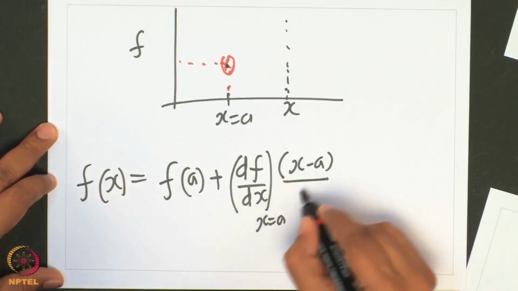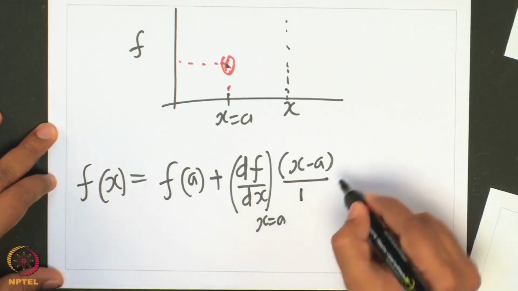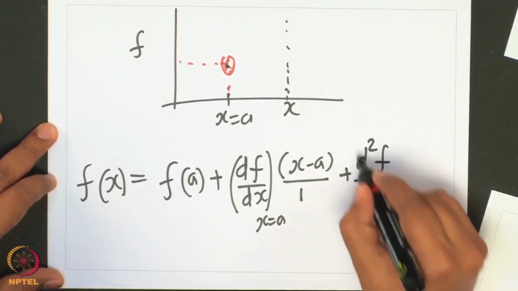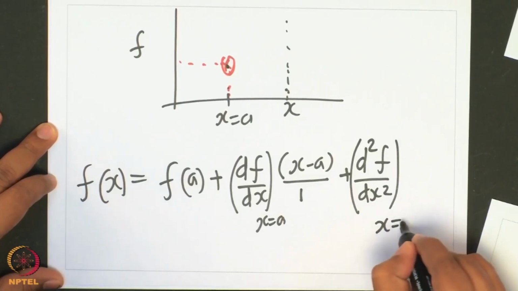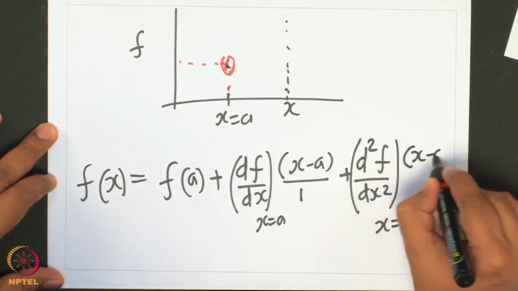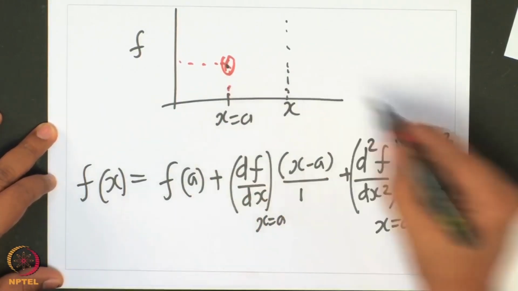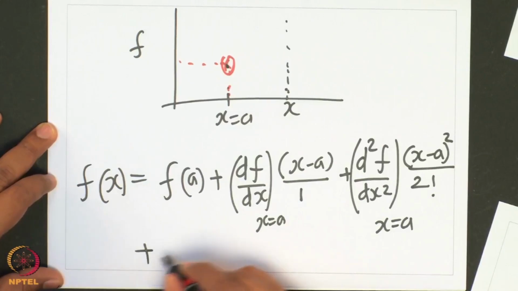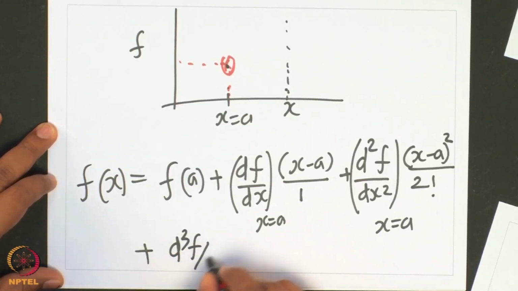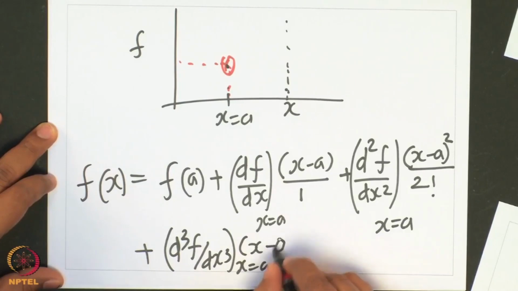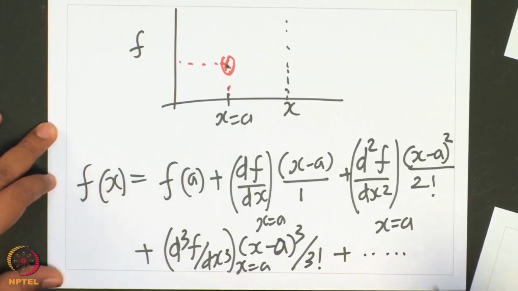Divided by 1 factorial, plus the second derivative, that is the curvature at x equal to a, times x minus a whole square divided by 2 factorial. So I have to take the square of the distance and 2 factorial, plus the third derivative at x equal to a times x minus a whole cube divided by 3 factorial, plus dot dot dot up to infinity.